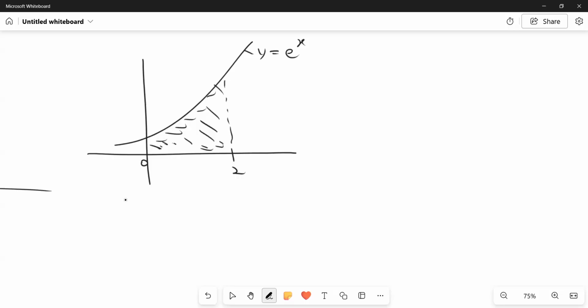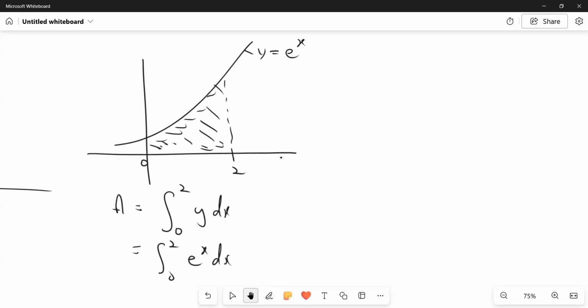It's simply the integral of y dx from 0 to 2. Y happens to be, in this case, e to the x dx, right?